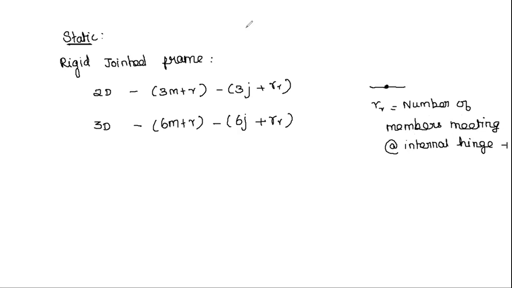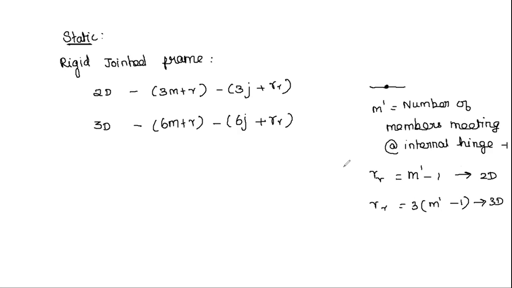So this is M dash. The released reaction RR is equal to M dash minus 1 in the case of two-dimensional, and 3 into M dash minus 1 in case of three-dimensional.